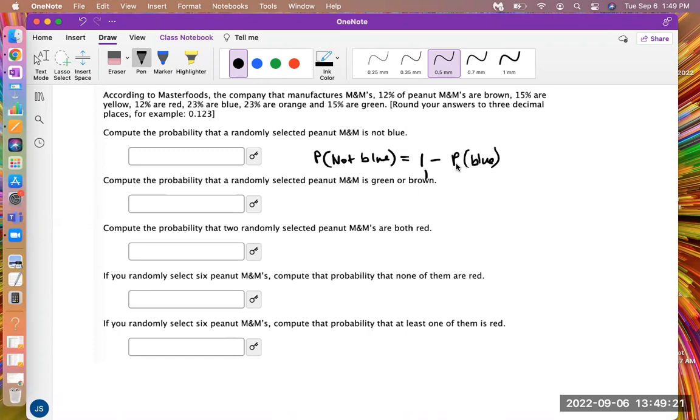The probability is the same as the proportion. So we can write this 23% as a decimal. When you write a percent as a decimal, you drop the percent sign and move the decimal 2 places to the left. So it's 1 minus 0.23.